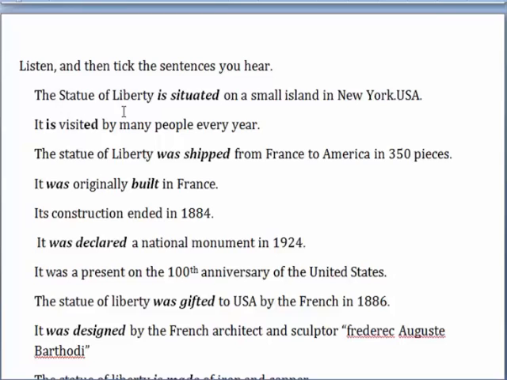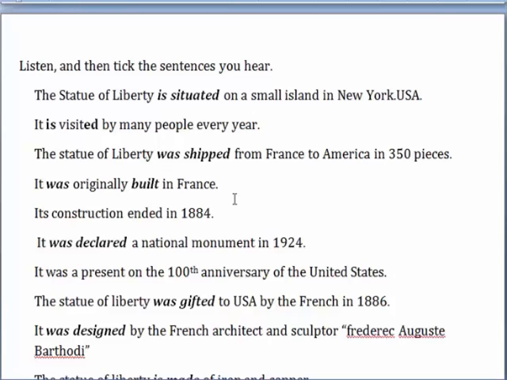So you have: the Statue of Liberty is situated on a small island in New York, USA. It is visited by many people every year. The Statue of Liberty was shipped from France to America in 350 pieces.